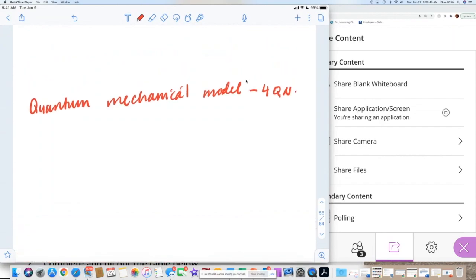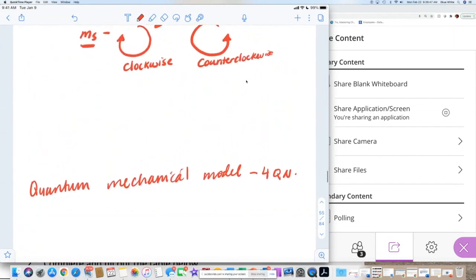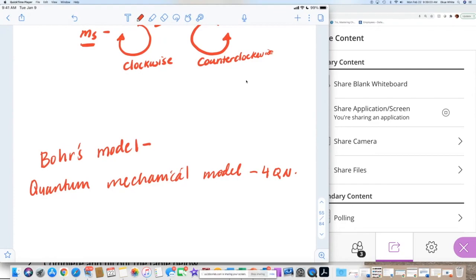Okay, so before we get into the quantum mechanical model, what we can actually look at is where we came from before we got to the quantum mechanical model. So right before the quantum mechanical model, what we had was Bohr's model. And Bohr's model was successful because Bohr's model really actually works for hydrogen.